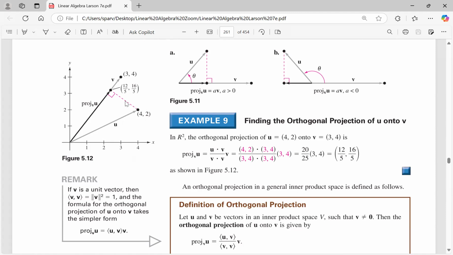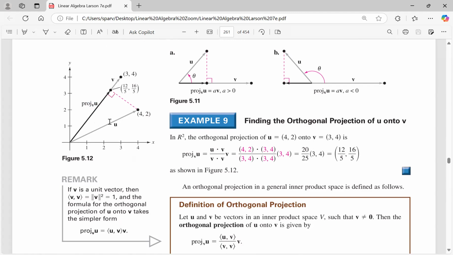If you project, meaning drop a perpendicular line from the tip of the vector onto vector v, then this vector that goes from (0, 0) to (12/5, 16/5) is called the projection of vector u onto vector v. The projection is a vector quantity.